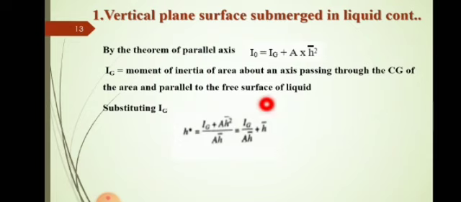H star is equal to Ig by A h bar plus h bar. Here make a correction, substituting, it is not Ig, it is I naught. Substituting I naught, the final equation is H star is equal to Ig by A h bar plus h bar. So this is the equation for finding out the center of pressure.